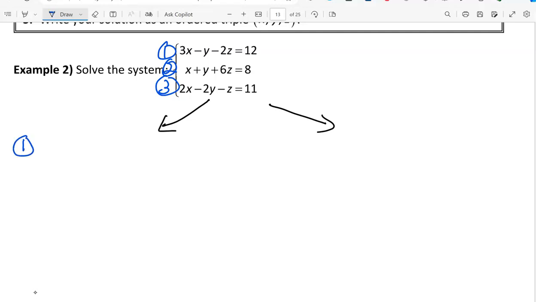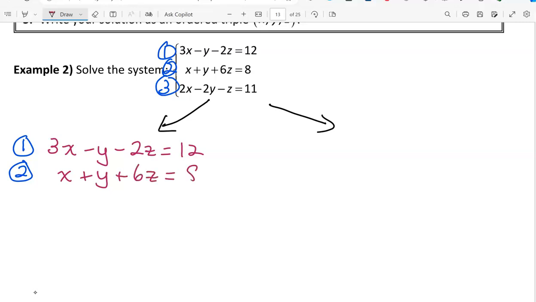So I'm just going to take equations 1 and 2, and I'm going to eliminate y by adding the 2 together. There's nothing we need to do to the equations in order to make that happen. Just add them together. And when we add, we get 4x, the y variables go away, plus 4 times z is equal to 20.